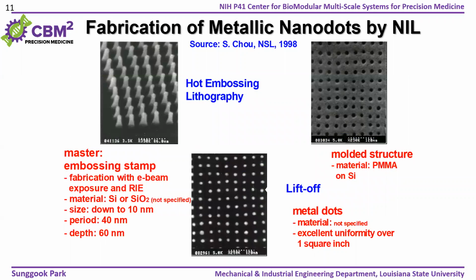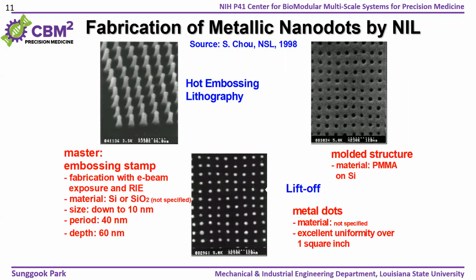So one example. This is the first of the results that was reported to make nanoscale patterns using this nano imprint lithography, from the group of Princeton University by Dr. Stephen Chou.